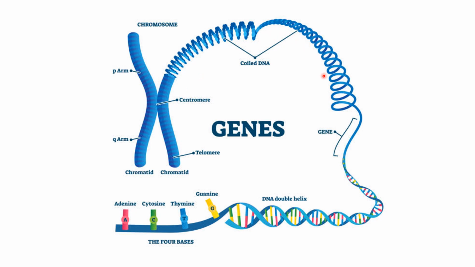When we zoom into this DNA part, you can see a part of this DNA is called the gene. This is one gene, and from here to a part here can also be called another gene.